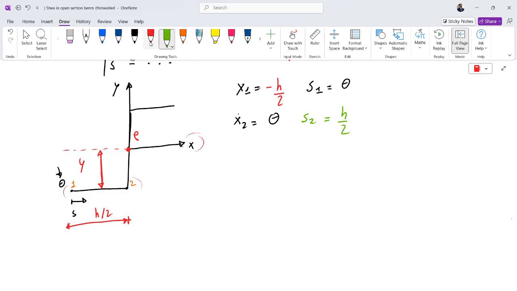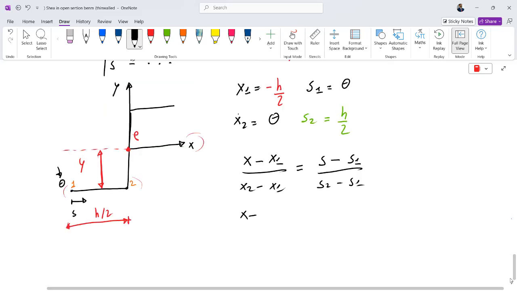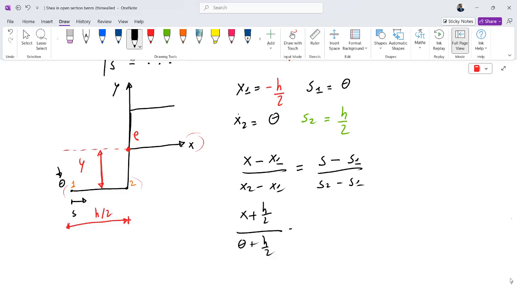So we obtain the classic formula: x minus x1 divided by x2 minus x1 equals s minus s1 divided by s2 minus s1, and we obtain x plus h divided by 2, over 0 plus h divided by 2, equals s minus 0 divided by h divided by 2 minus 0.